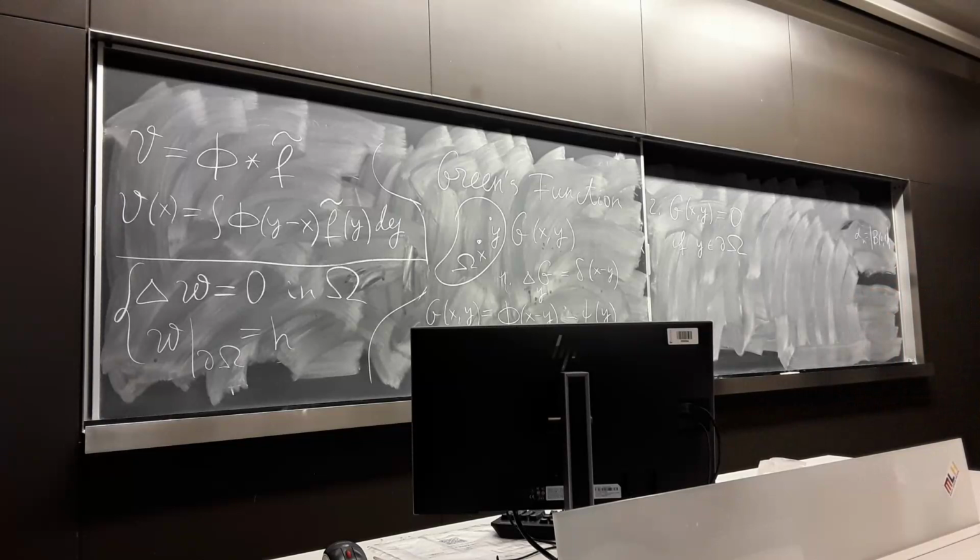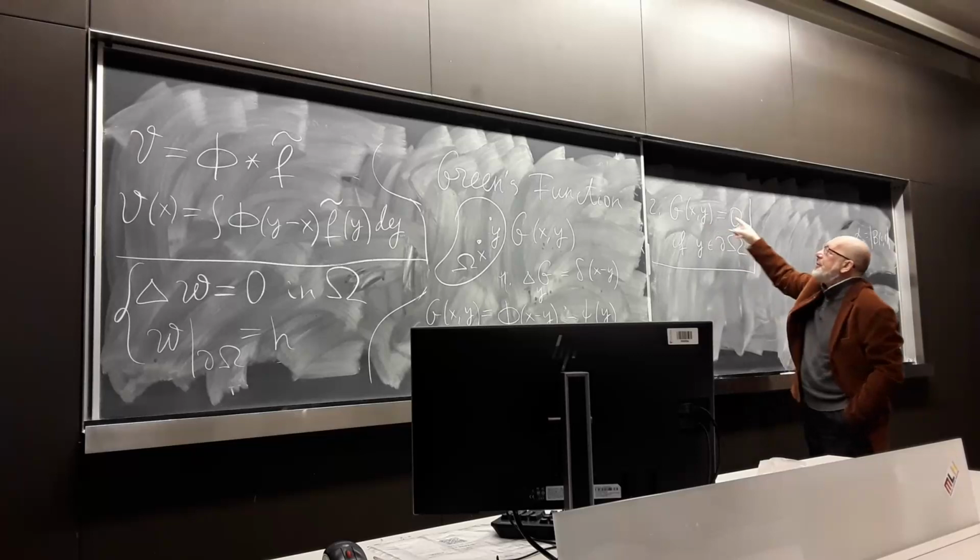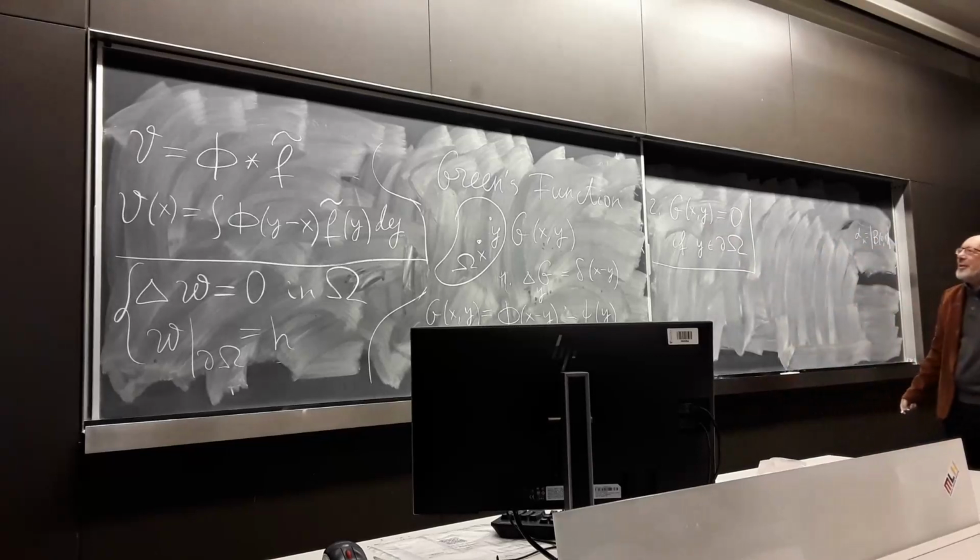We have proved it using the maximum principle. If the Laplacian is zero, then the maximum is achieved on the boundary, the minimum is achieved on the boundary, and on the boundary the function is zero. So both maximum and minimum are zero. So we have to find the Green's function.